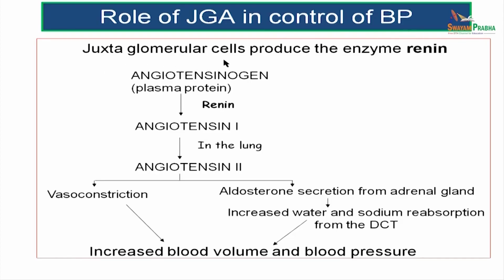Whenever there is a fall in blood pressure, the amount of glomerular filtrate reaching the distal convoluted tubule is very less. Once the filtrate is very less, the amount of sodium in the filtrate is also less. This is sensed by the macula densa.